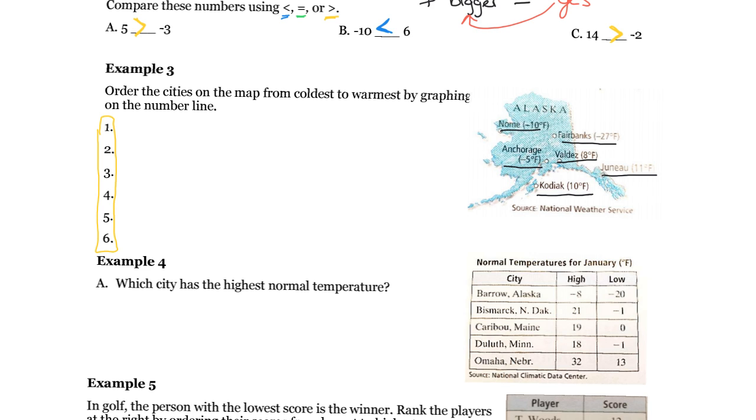So which one's the coldest city? The coldest city is Fairbanks, because it's got a -27. So Fairbanks is the coldest. Next, the next coldest or the next smallest number is Nome.